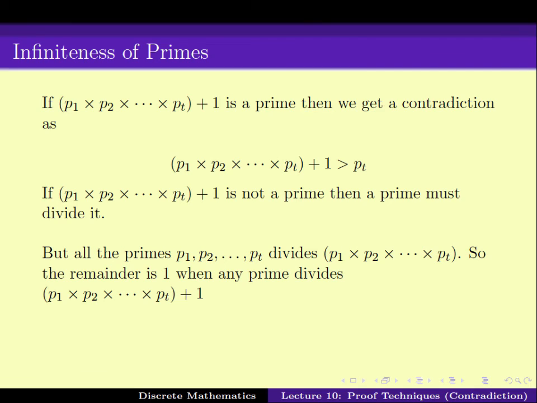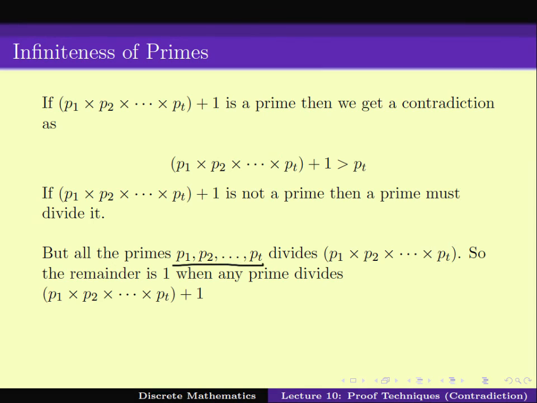So in other words, some one of P1 to PT must divide the sum, because P1 to PT are the only set of primes that we have. But all the primes P1 to PT divide, of course, the product of them.